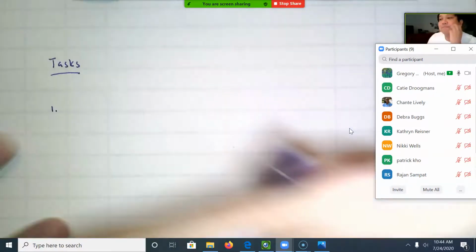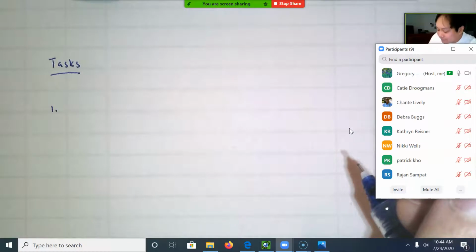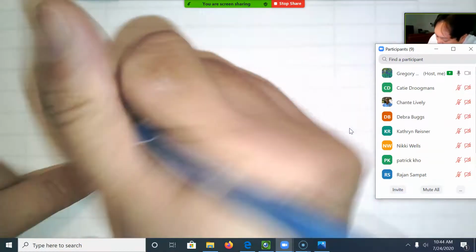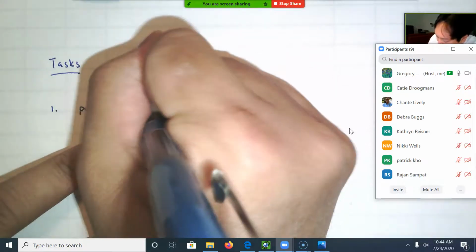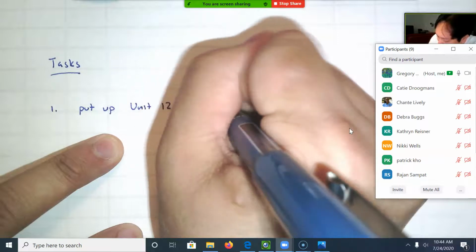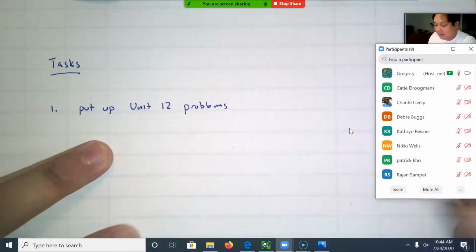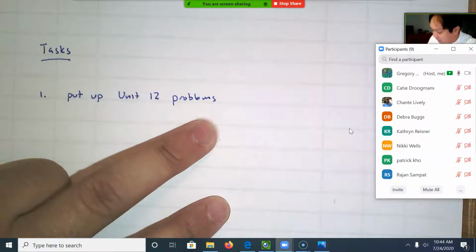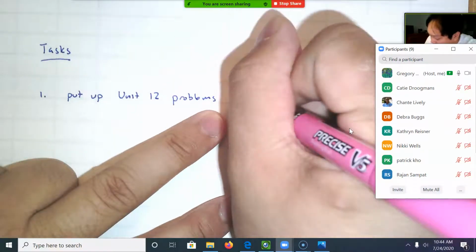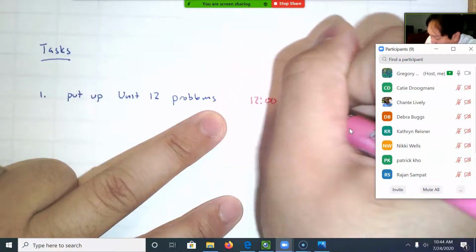Number one, put up the Unit 12 problems. Okay, and I want to do that, write this in pink. I'm going to do this between 12 and 2 today.